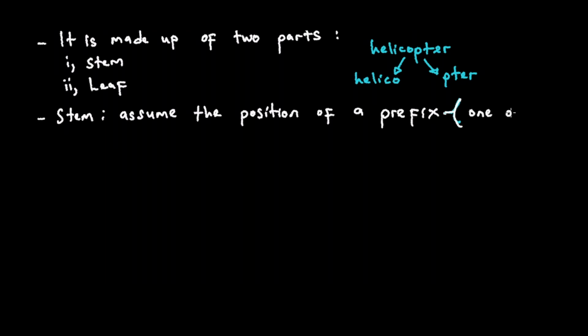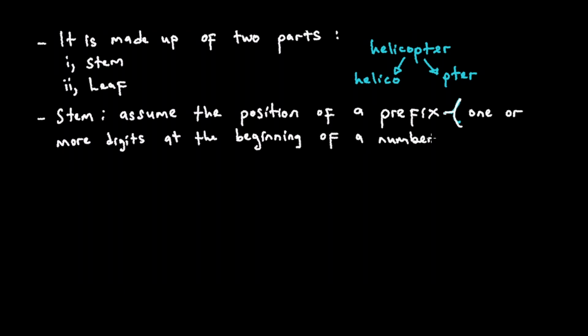Tiri kuti one or more digits at the beginning of a number, and you are going to see this in play. Muchaona kuti zvofamba sei. Anditika? Okay, so that is a stem.